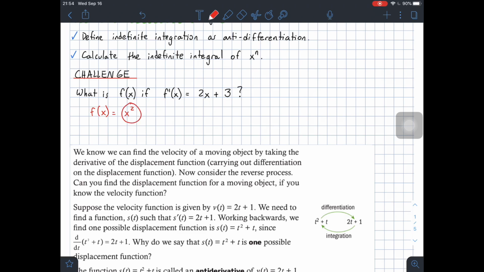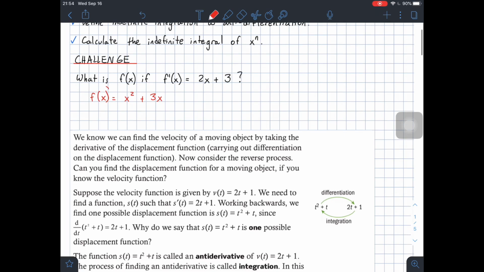So maybe the original function has x squared, and if we have 3 here, maybe the original function should have 3x, right? If we differentiate 3x, then we would get 3 as a result, right? So this is a possible solution to the original function, and this would be the integral of this expression over here.